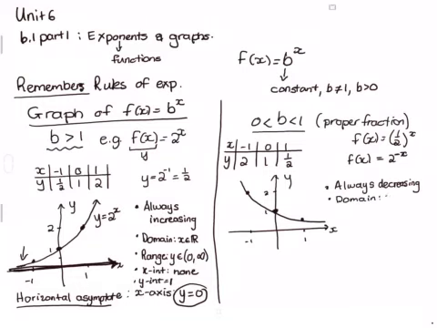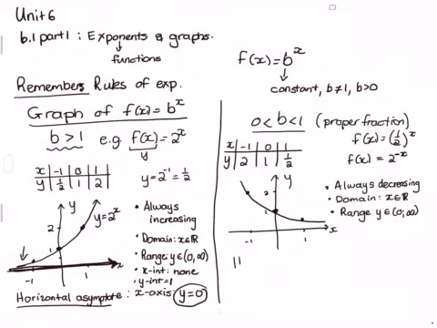The domain, which x's can I use? Still any real number. You can still find 2 to the negative anything. And the range, which y's do I get for answers? Still only bigger than 0 up to infinity.